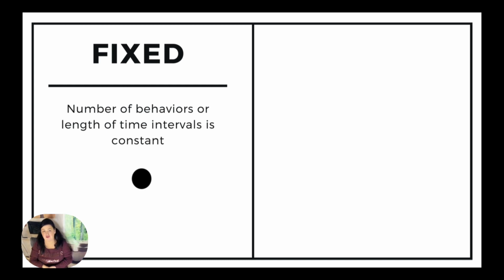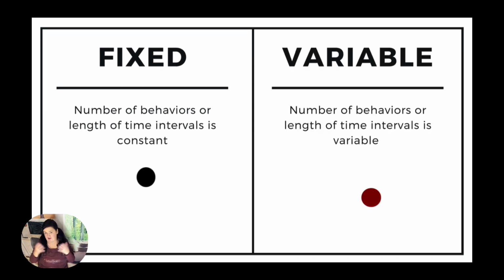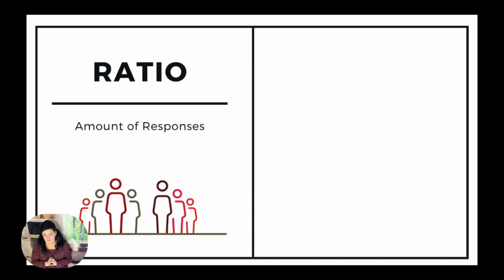So it's simply fixed versus variable. With fixed, you know when the reinforcement is coming. With variable, it varies. You don't know when the reinforcement is going to come because it's unpredictable. Ratio is when you are discussing the number of responses that happen each time within a given schedule.